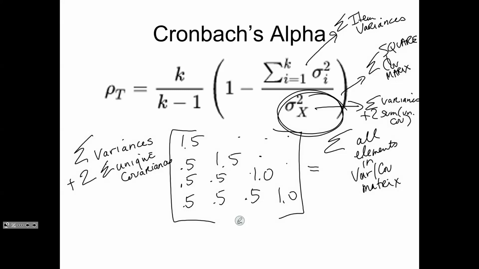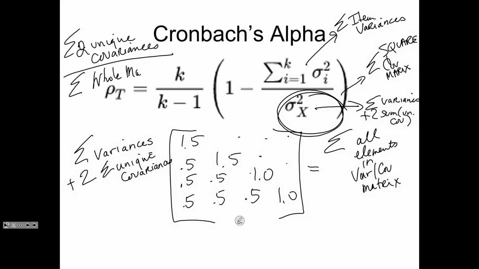So an alternate formula is to take 2 times the unique covariances, so you're summing all of the off-diagonal elements, both above and below the diagonal, and divide that by the sum of the whole matrix. And so it's really giving you the shared variance on the top divided by the total variance across all the items on the bottom.